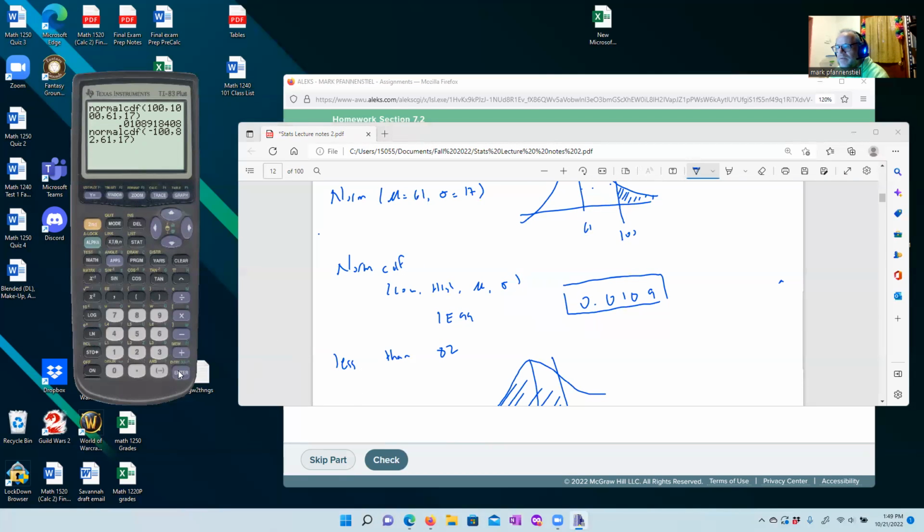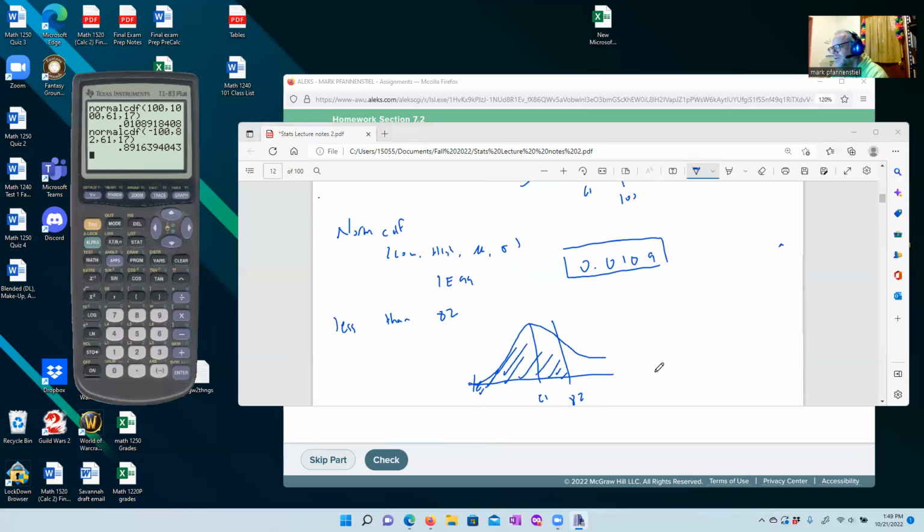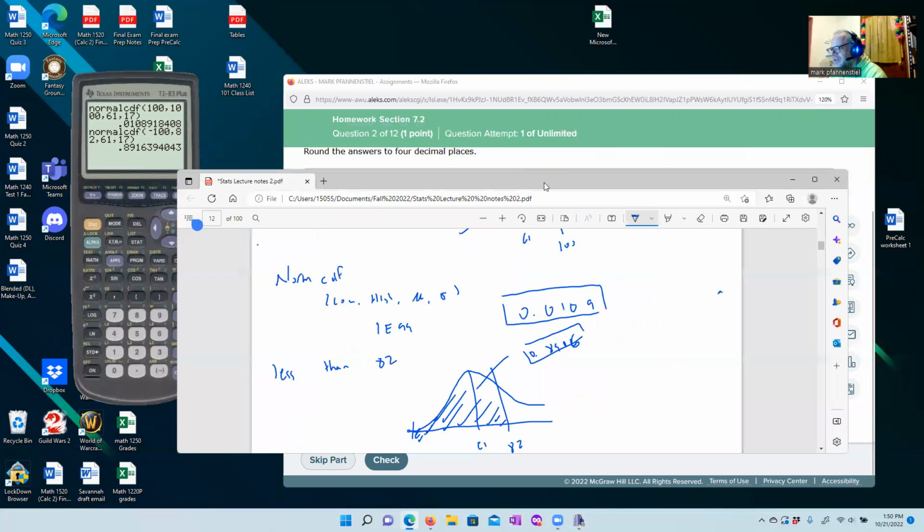Okay, and there we go. Enter that in. We got 0.8916. So this area here is 0.8916. I'll put the 0 in front, because that's the best practice. That way, the people that are studying nursing, going through biology, who are used to seeing it this way, we should all be used to seeing it this way.